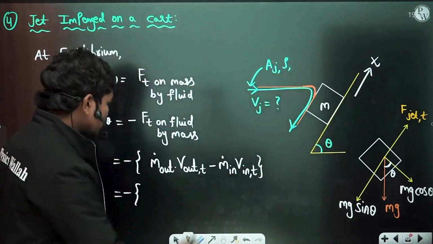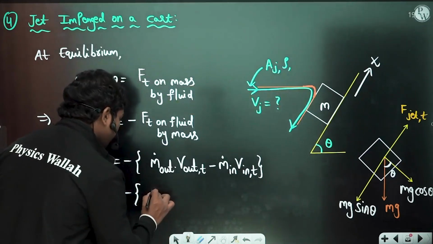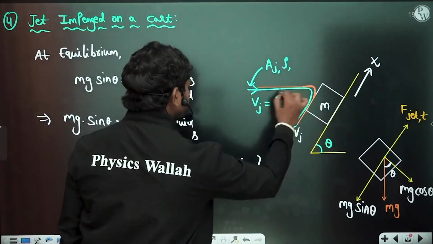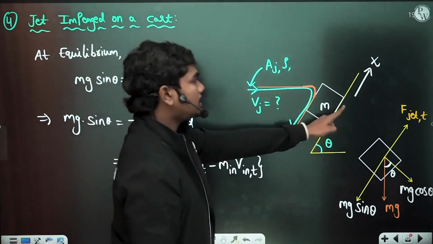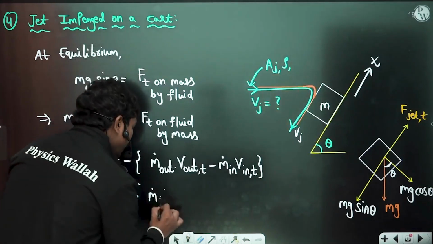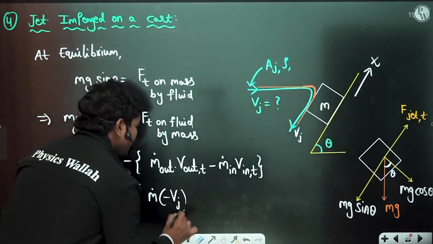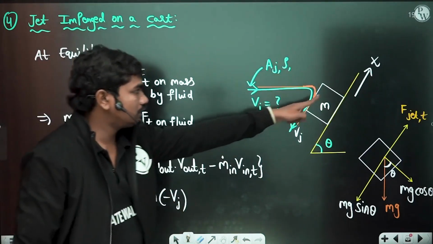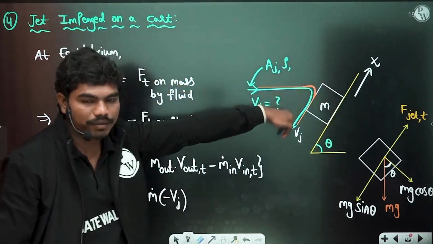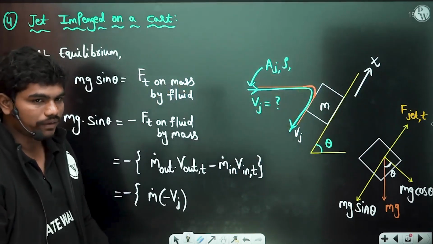Now if you substitute, m dot times, at the outlet the velocity is Vj, because there is no friction along this plane, so it is smoothly sliding. But since t is in the opposite direction, Vj is in this direction, so we will go for minus Vj. Why have we written minus? Because this tangential direction we have taken in the upward direction, but the fluid jet is actually coming down in the bottom direction, so that's why we have taken a minus.